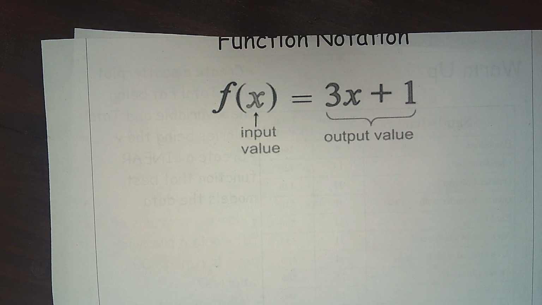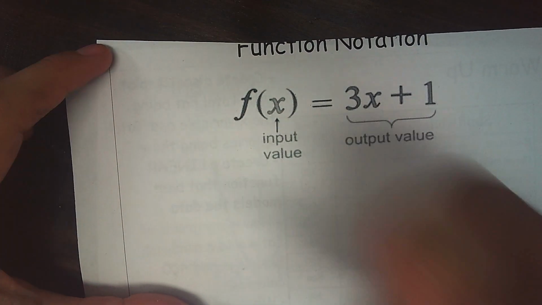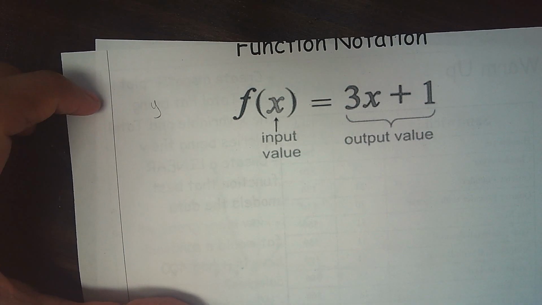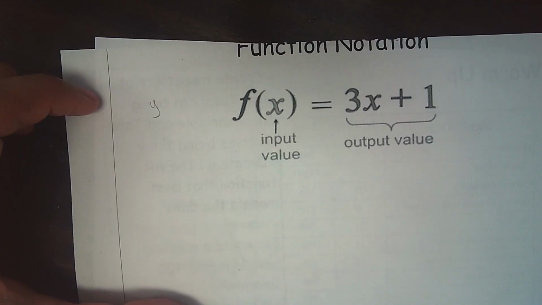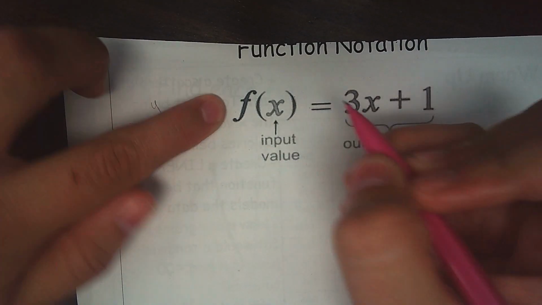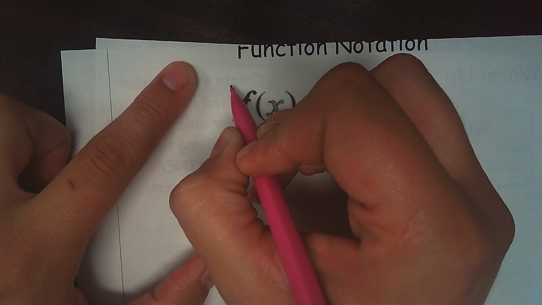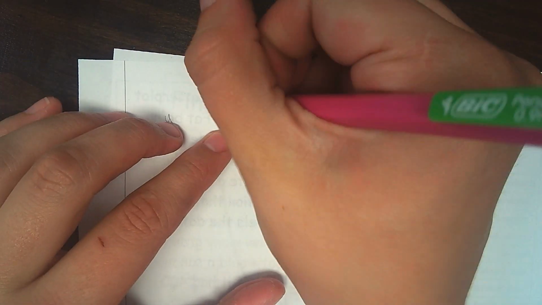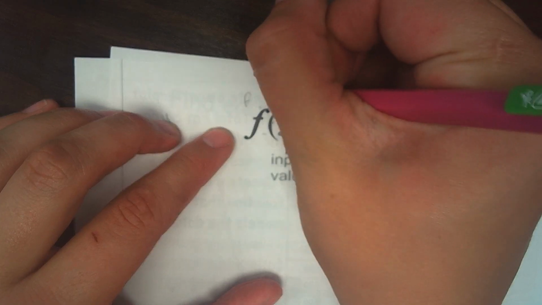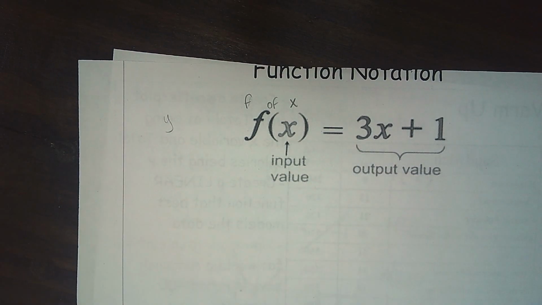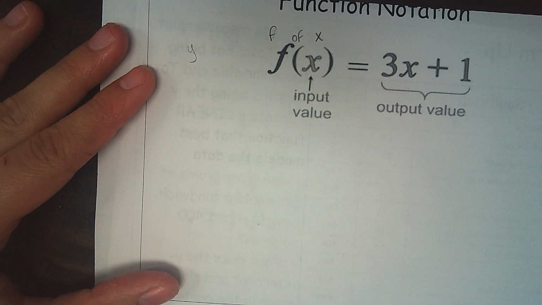You guys have all seen this lingo before. Remember, f of x is just another way we could say y. F of x just means y. F parentheses x just means f of x.